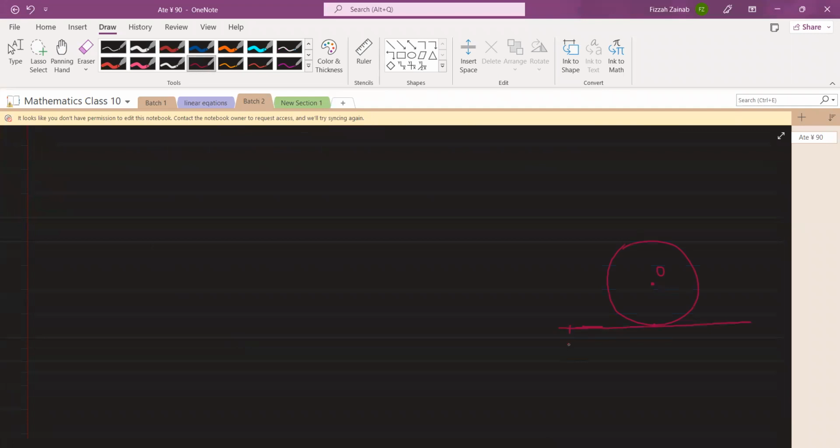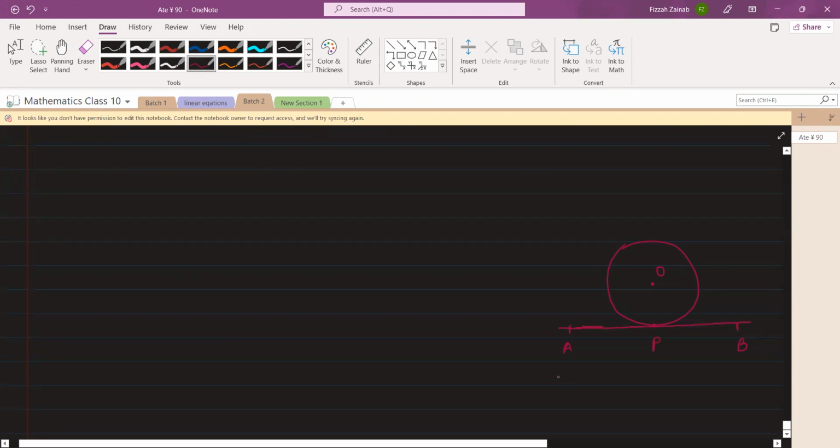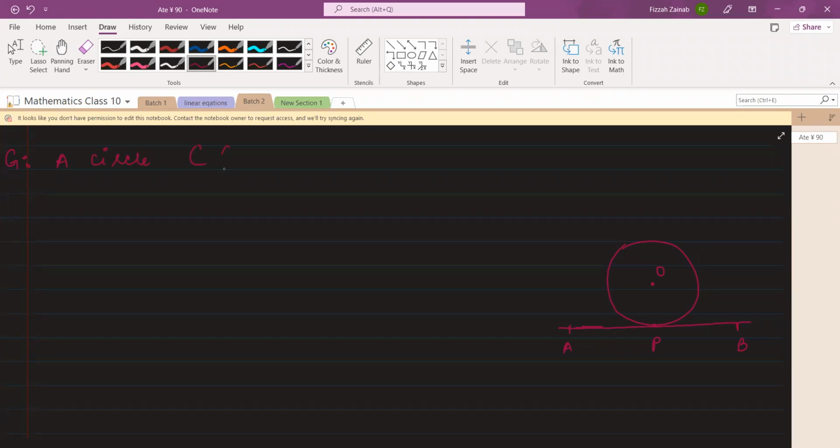Again, I'm calling it AB to keep it similar, and this is the point P. Now in this case, it is given that a circle C has center O and the length of the radius is R, and a line AB, or APB, which is perpendicular to OP.